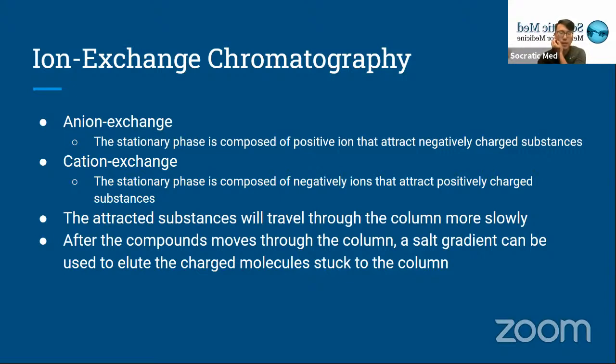Then at the end, once everything you don't want leaves the column, you can extract the substances stuck to the column that you are interested in. After all the compounds move through the column, you can use a salt gradient to elute the charged molecules stuck in the column. So you can use that to collect the desired compound. That's ion exchange chromatography.